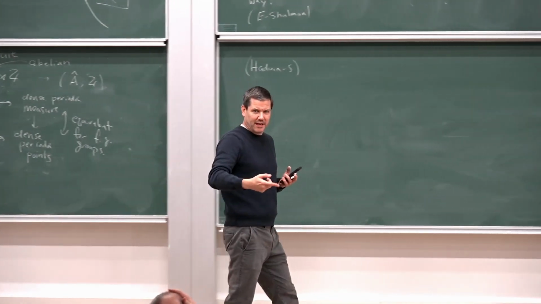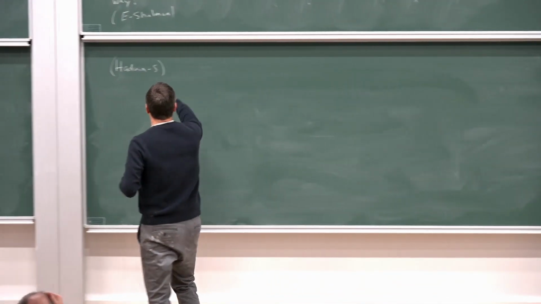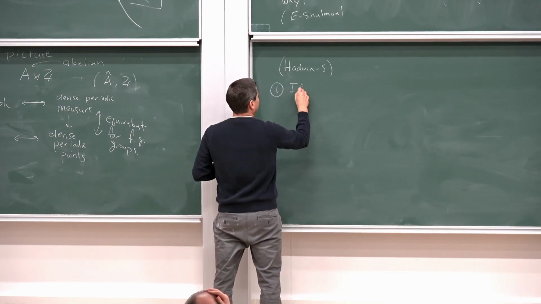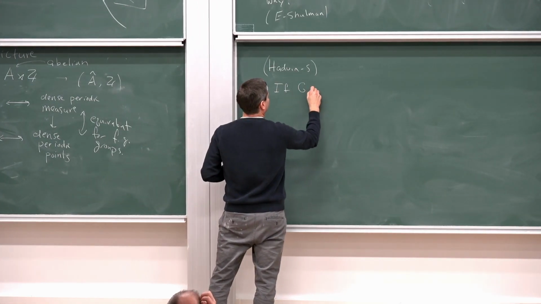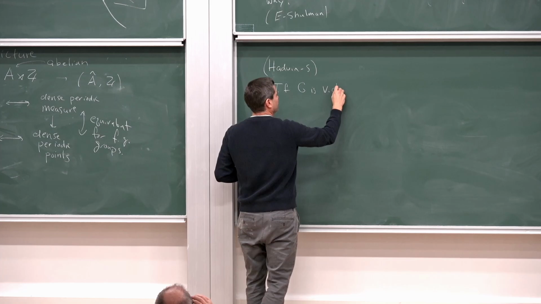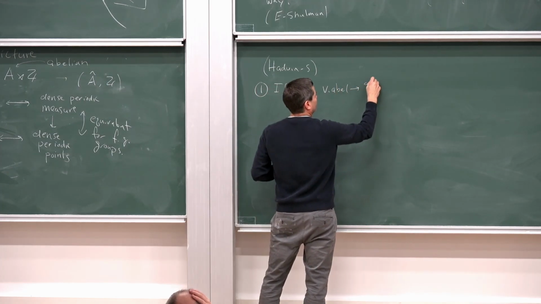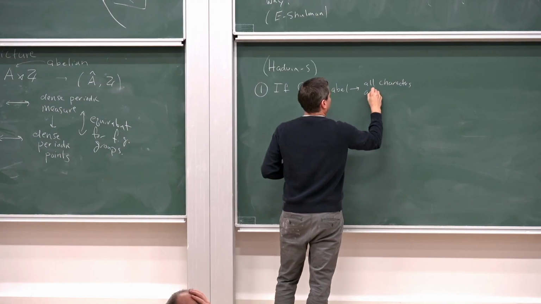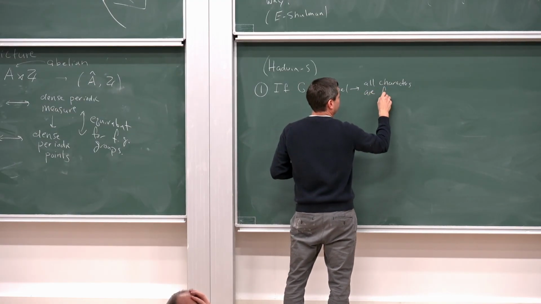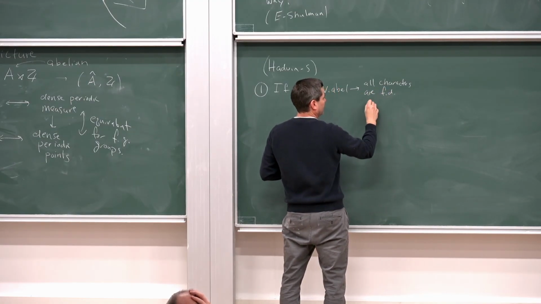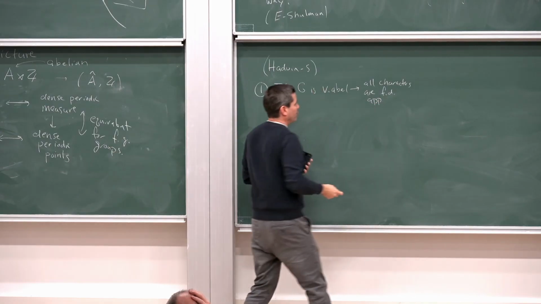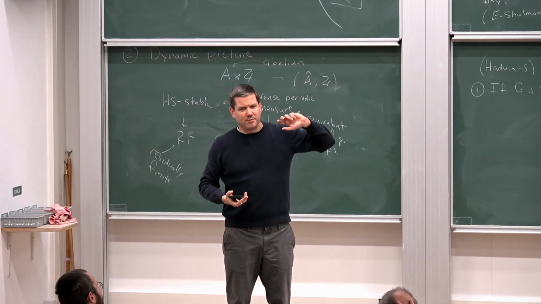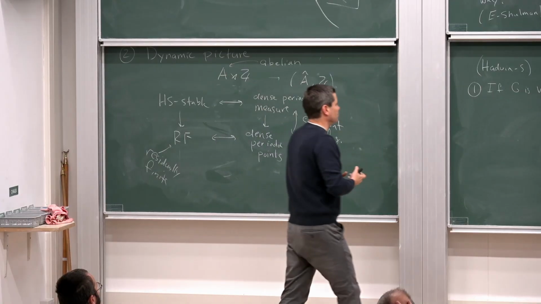So we use two results here. One is that if G is virtually abelian, all characters are finite dimensional approximable. That just means all characters can be approximated through finite dimensional traces. Okay, so this is step one.